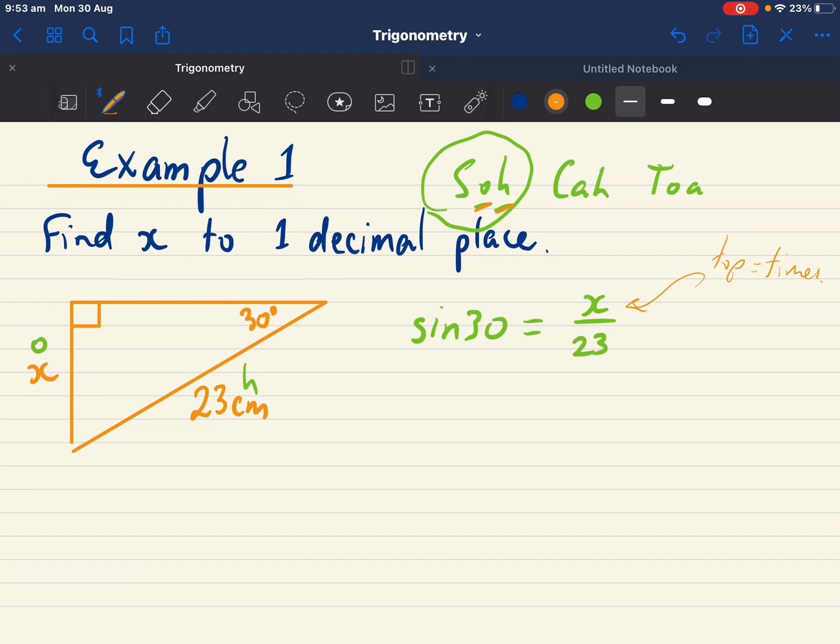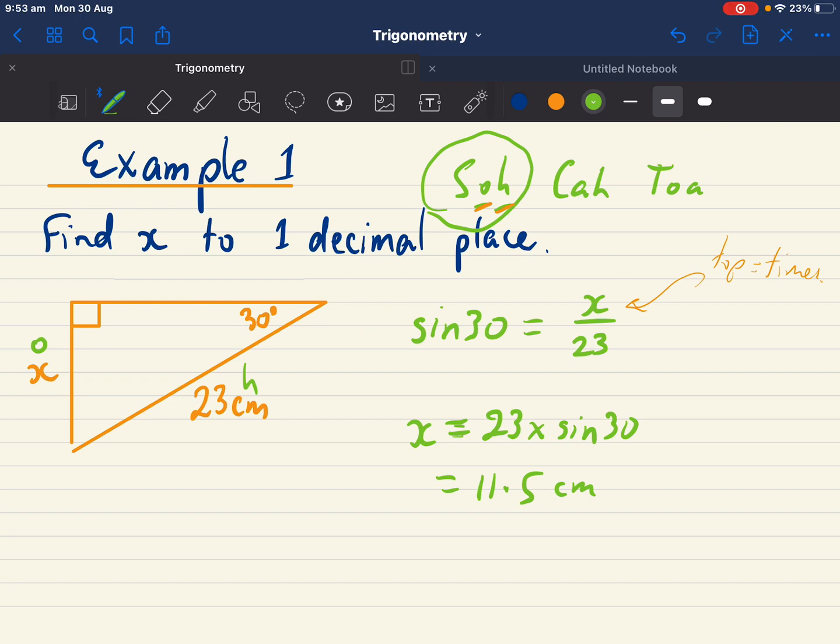All right, so since x is on the top, this will be a times question. So for us to get the value x, it'll be 23, always putting the side length first, times sine 30, putting the trig thing last. Typing that in the calculator, pressing equals, you get 11.5. The units were centimeters. It's already to one decimal place. And the first example's done.